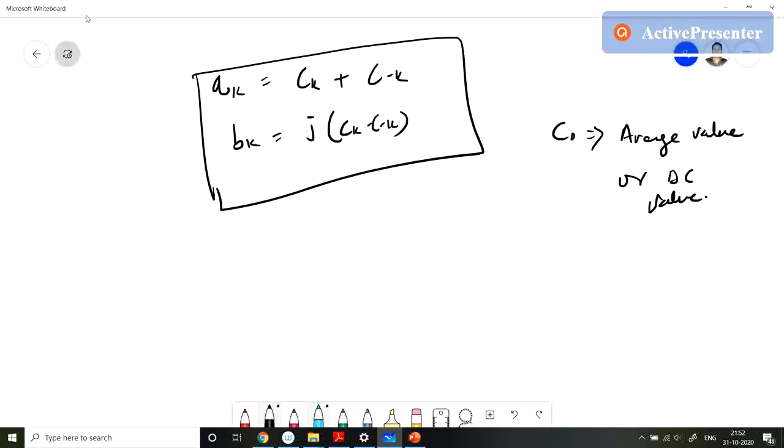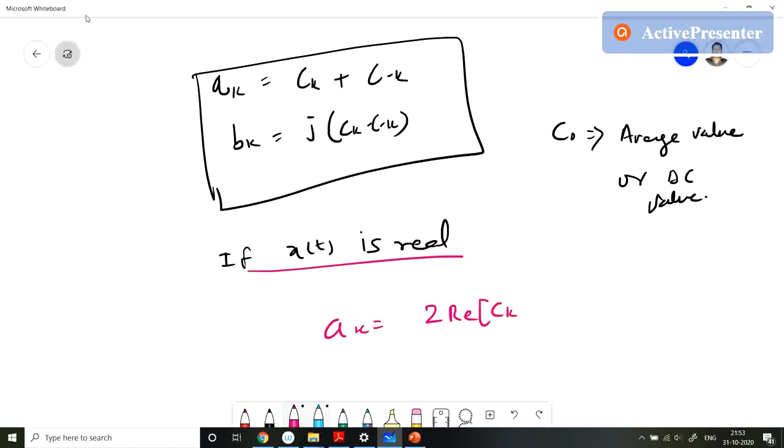Now a very important conclusion we can find is for a real signal. If x(t) is real, then ak is 2 times the real part of ck, and bk is minus 2 times the imaginary part of ck.